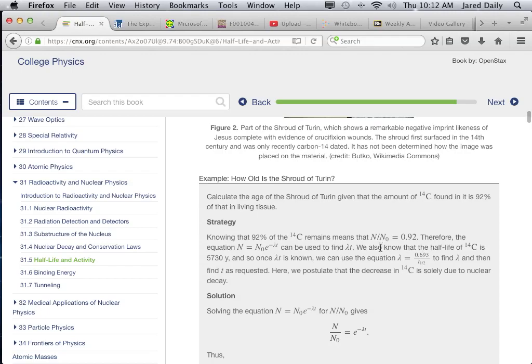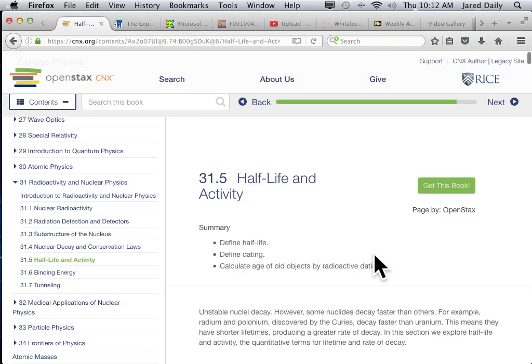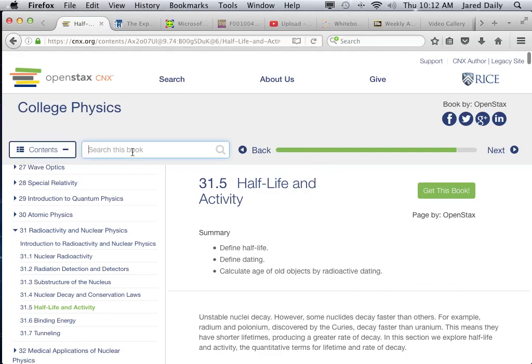I can't find it. I'm going to look it up.